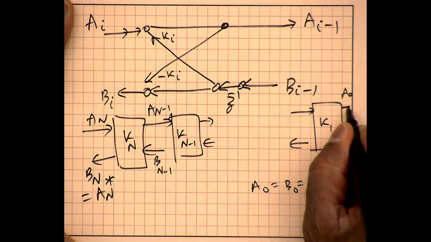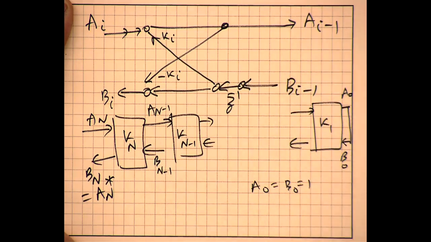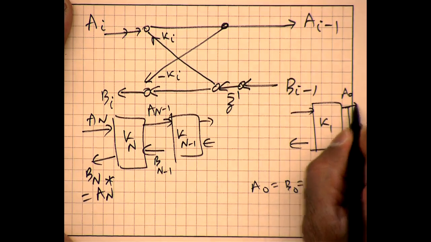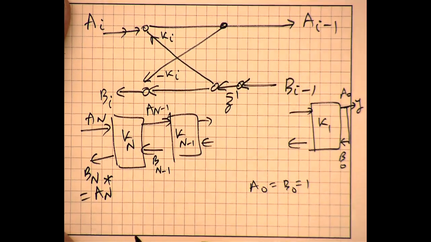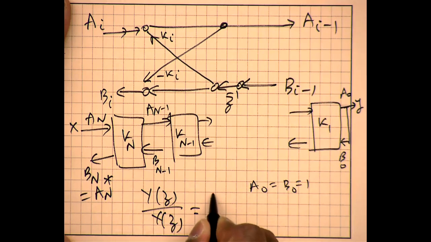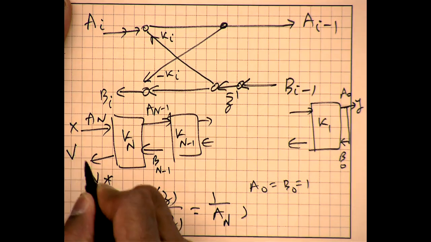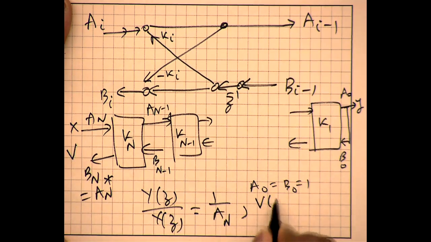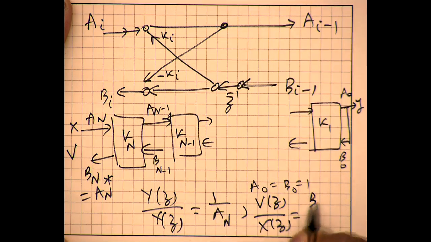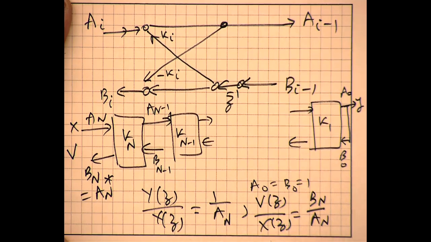The way we complete this structure, we feed this back. Feed that back, then we are done with all pole. If this is the output Y and this is input X, then Y(z) over X(z) will be 1 over An. And if I call this V, then V(z) over X(z) is going to be Bn over An.